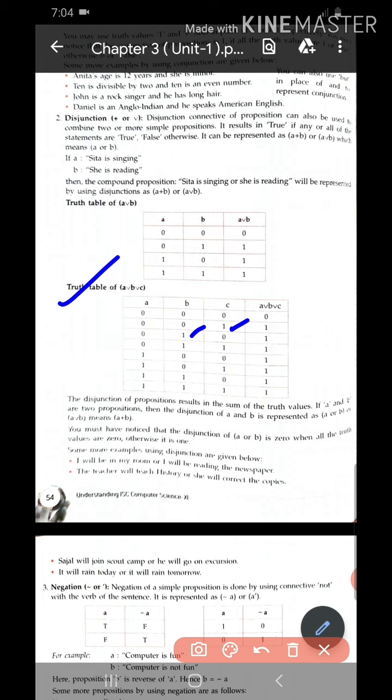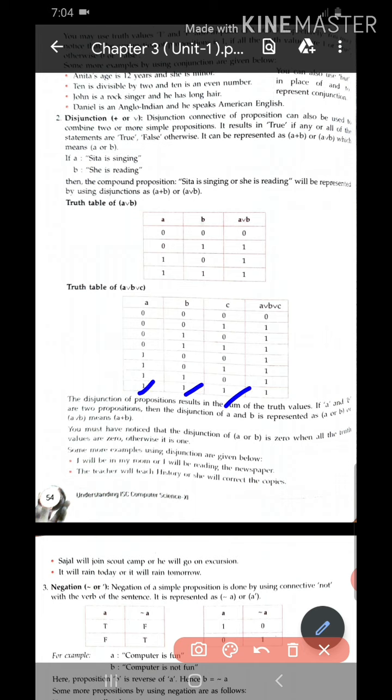In the fourth row, we are having 1 in B and C together. In the fifth row, we are having 1 in A. In the sixth, we are having 1 in A and C together. Then again, we are having 1 in A and B. And again, we are having three ones together in A, B, C.